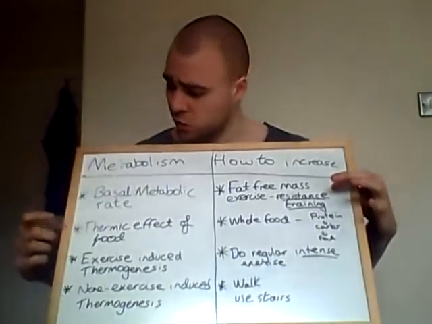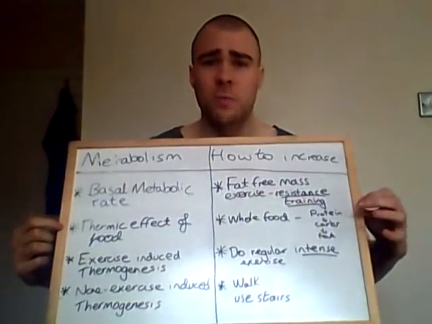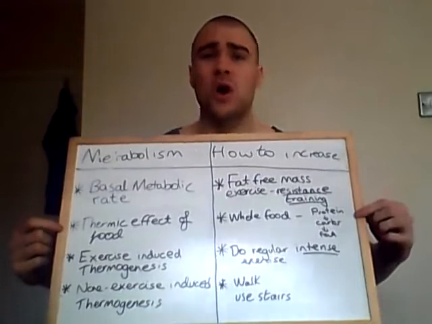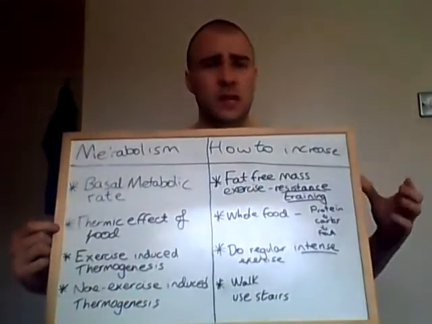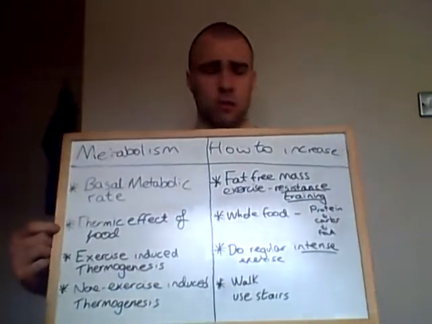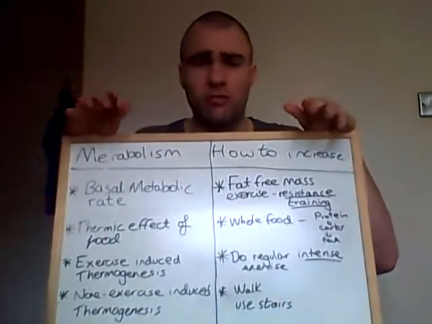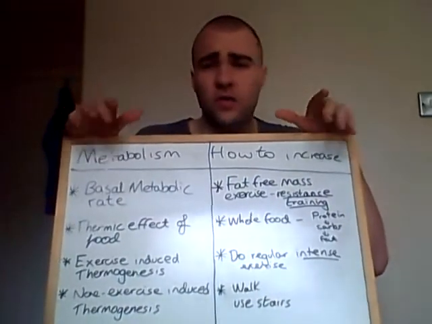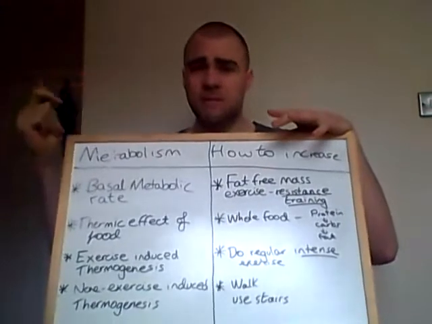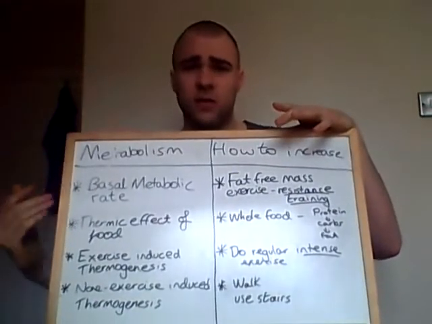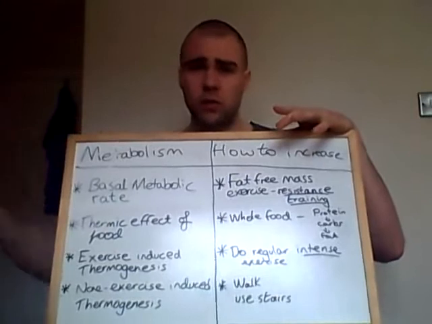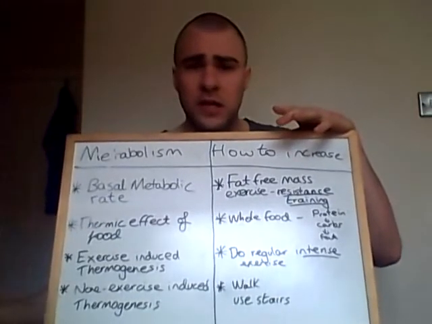Now, next one, thermic effect of food. Well, the best way to go about that is to eat whole food. So food nearest its natural source. So processed food, refined grains, refined food, things that are in a packet, they're made to be quickly digestible because they're tasty, they give you a quick sugar rush. And as well as giving you ups and downs, they don't actually take many calories to digest.